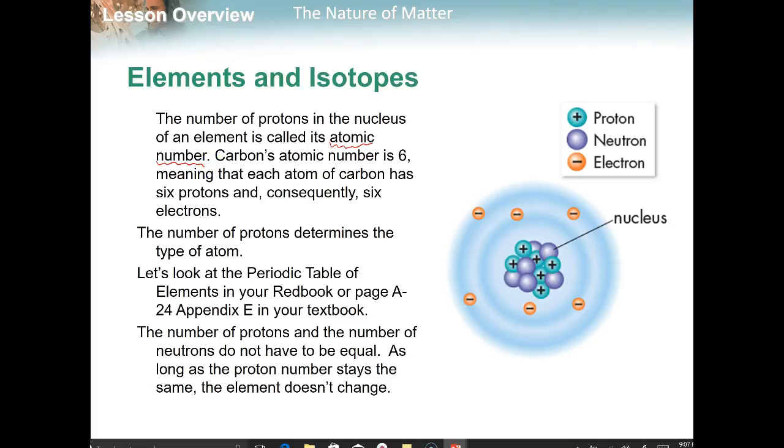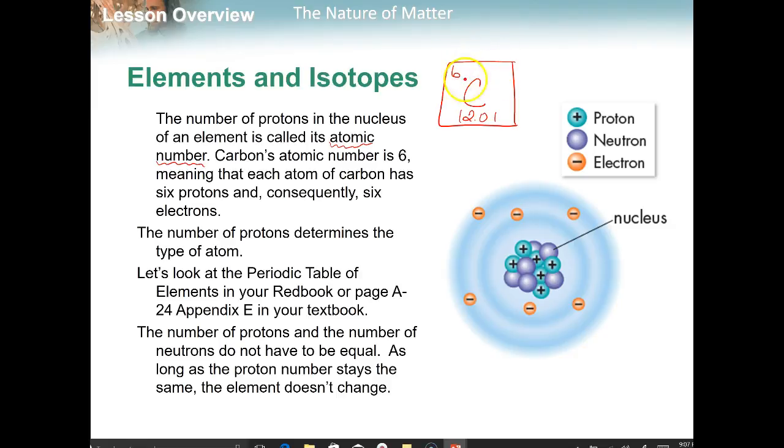When we look at the periodic table of elements, you're going to see that we keep the elements in a box, and we're going to use the symbol in the center for its name, and up either in the corner or above it is going to be the atomic number, and that's going to tell you the number of protons that it has. And then sometimes underneath that there's going to be a number like 12.01, which tells you the atomic mass, how much that atom weighs.